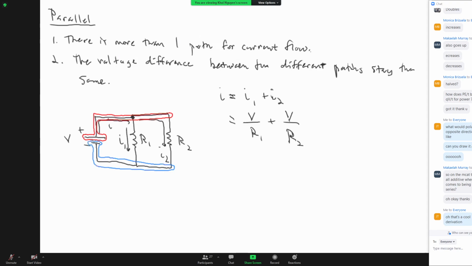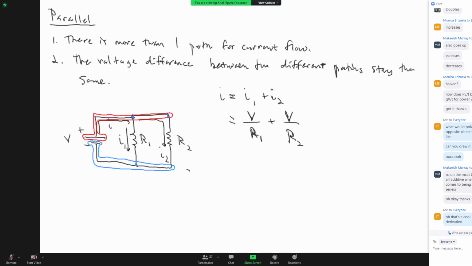This is all the same voltage. And if you notice, going from here to here, that's the same voltage drop. Going from here to here, that's the same voltage drop. That's how I can write the same V for both of these. V over R1 plus V over R2 for I1 and I2 respectively.